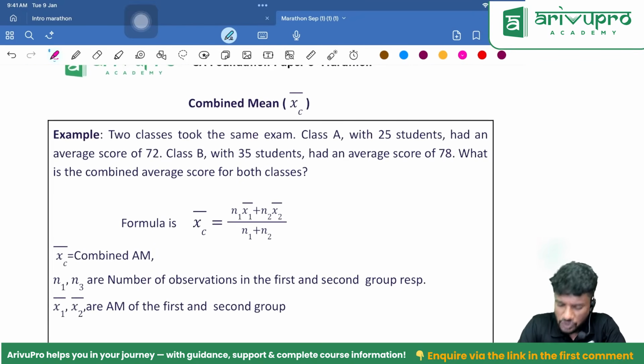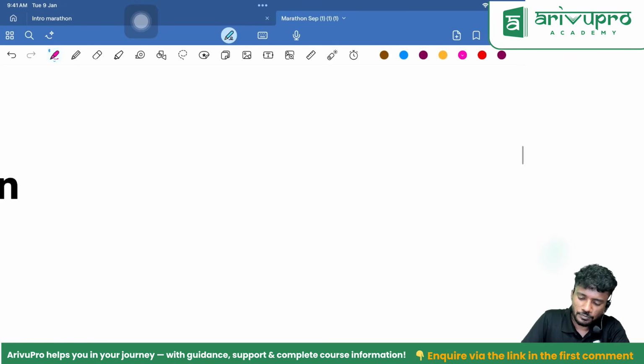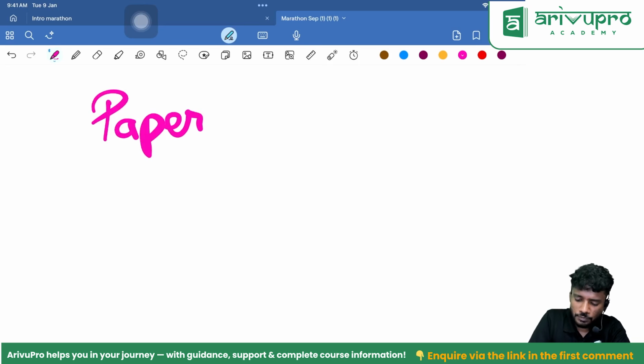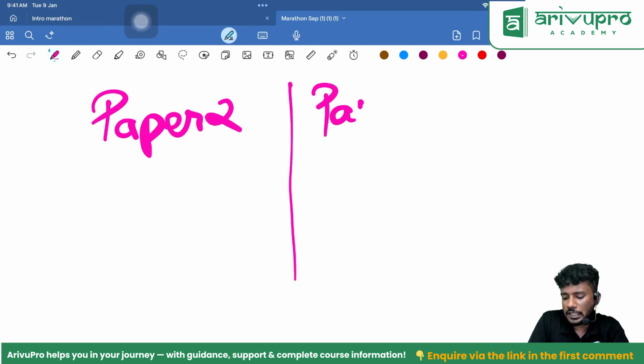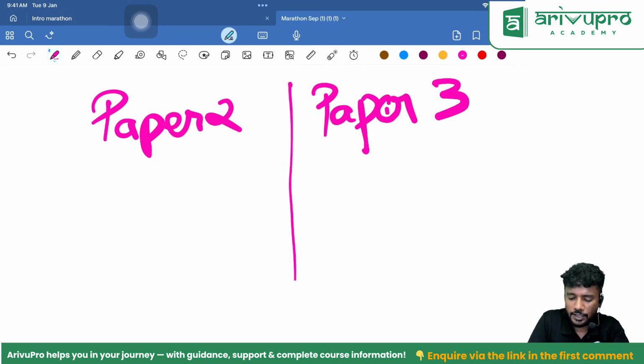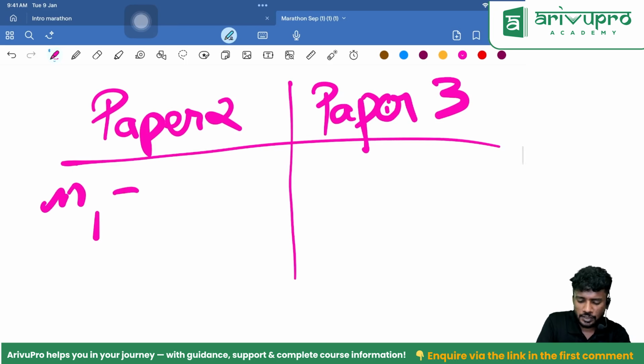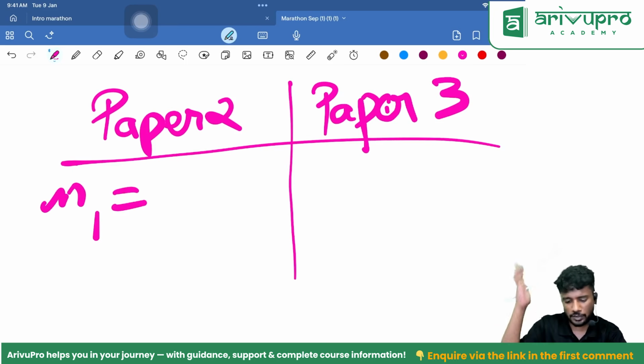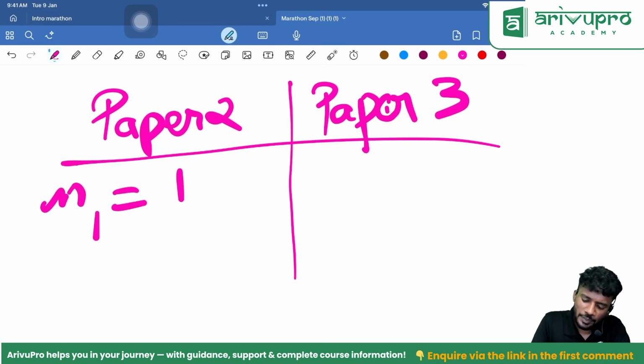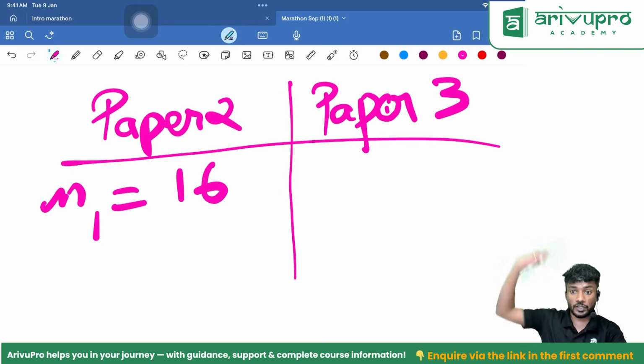Yes. Now we are going for combined mean. Combined mean means, for example, paper 2 is there, that is law. Then paper 3 is there. Now for paper 2, let the number of students who passed be 16. We are talking about the national average.